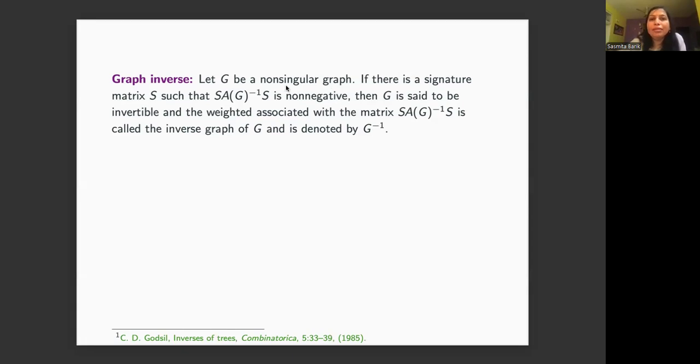So the inverse is defined like this: if there exists a signature matrix, that means a diagonal matrix with diagonal entries plus 1 or minus 1, whose inverse is itself, such that S A_G inverse S is non-negative, that means A_G inverse is signature similar to a non-negative matrix, then we say that G is invertible.